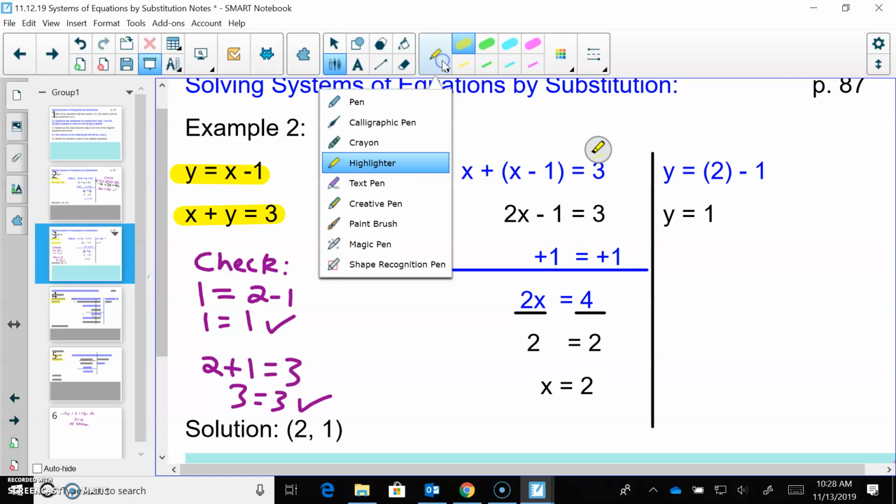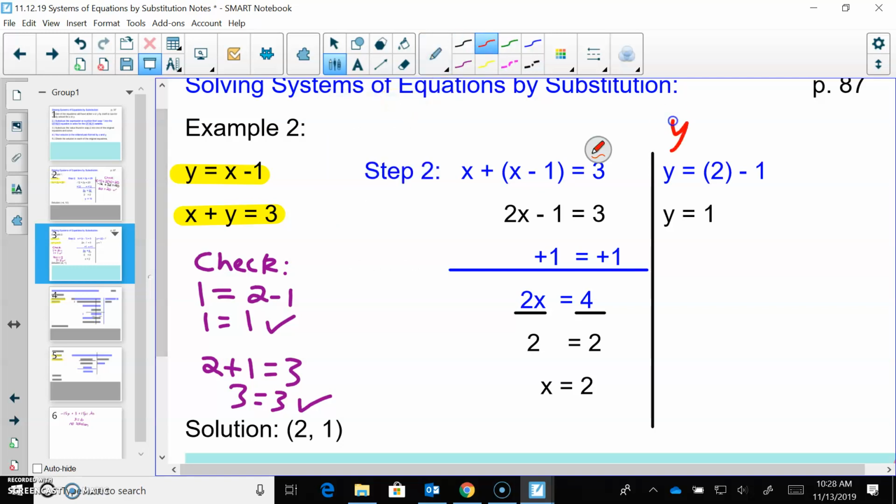So it was y equals x minus 1. So instead of having that x there, I substituted 2 in for that, because we found out that x was 2. So when you do 2 minus 1, you get 1.